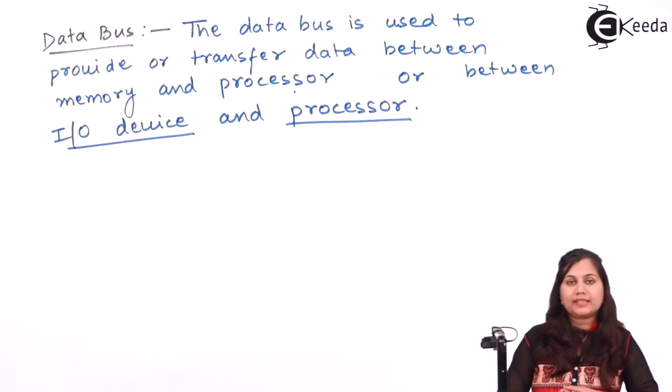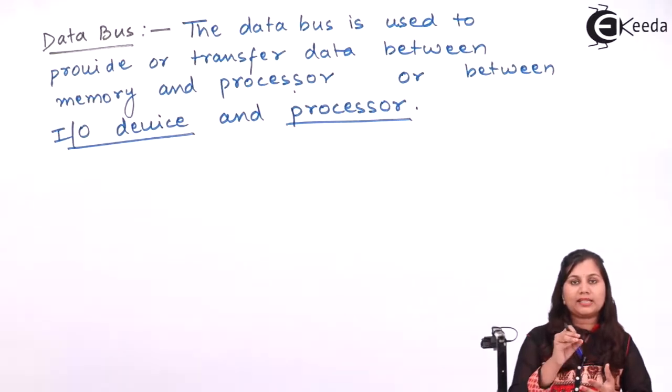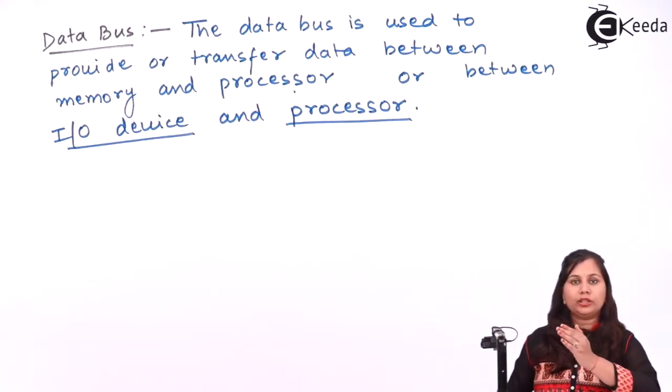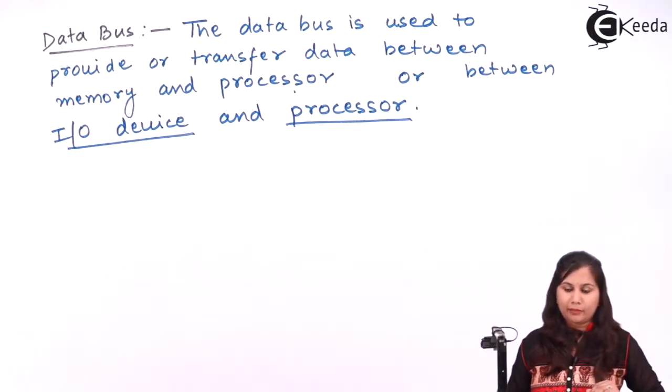If the microprocessor needs some data for the execution of the program, and that data is stored in a memory location, it will get the address from the address bus, pick the data from that location, and that data will be provided to the microprocessor by the data bus.